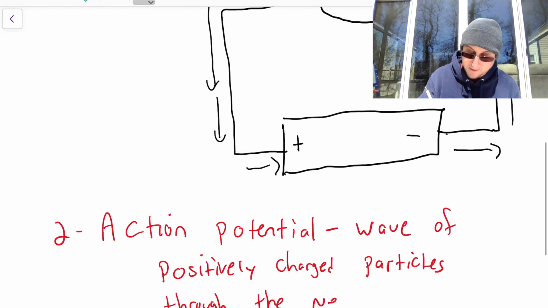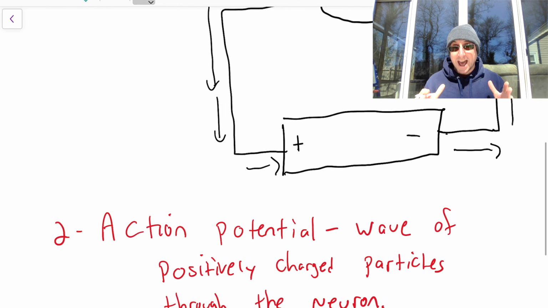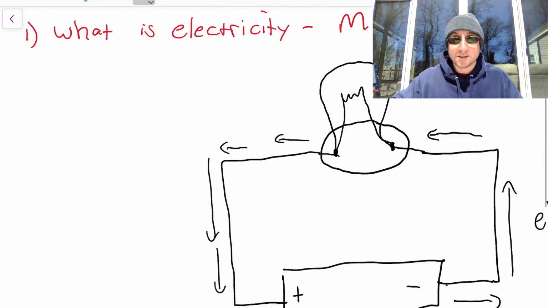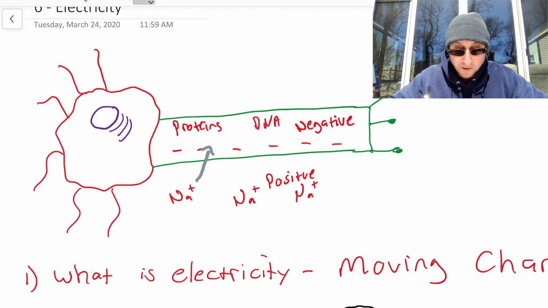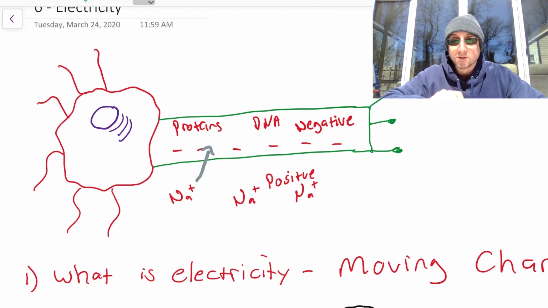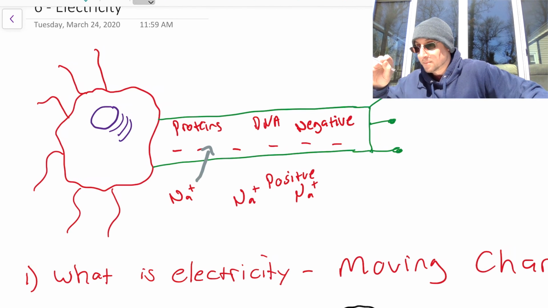Now, I'm going to be specific here. It's really going throughout the axon. That's where we're focusing, right? Because it's so negative. So just because one goes in doesn't mean the whole thing. You have to have a bunch going in, and you have to propagate that charge. So it goes positive, positive, positive, positive, positive.